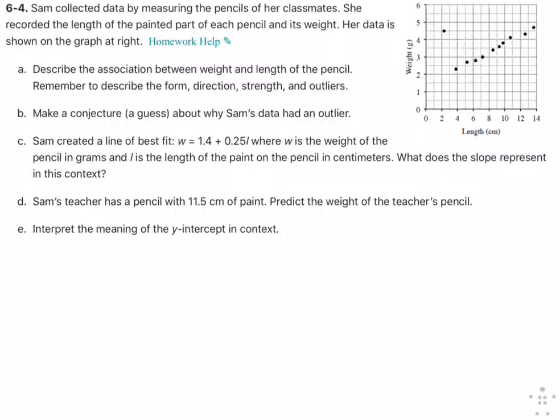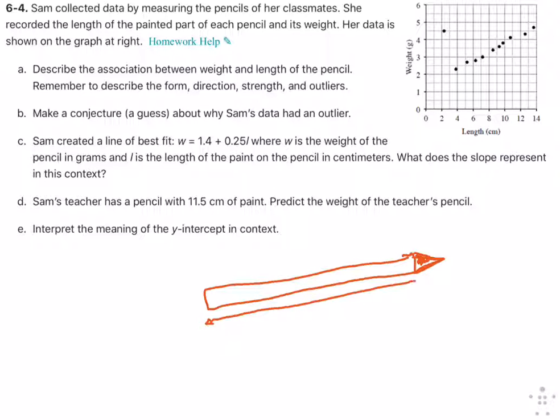So, I'm not an expert at drawing a pencil, but if this is the pencil, and this is the sharpened part, there's no paint on this part. This is the sharpened part, it's ground. So she measured this painted part here, and then she weighed the pencil.